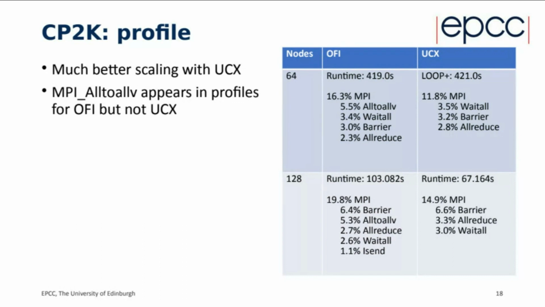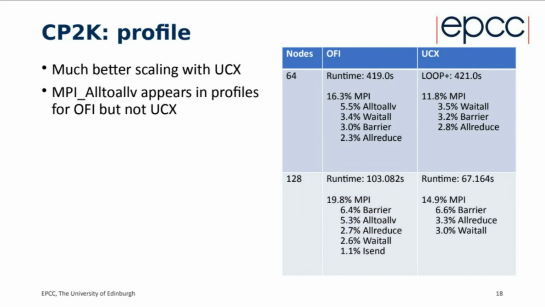So there must be some difference in how CP2K structures those all 12V calls compared to CASTEP that translates into different performance. I'm not saying this is a problem with the code. What I'm saying is that the calling pattern for all 12V in CP2K must be different in some way from the calling pattern in CASTEP, and this is translating into performance differences for OFI.